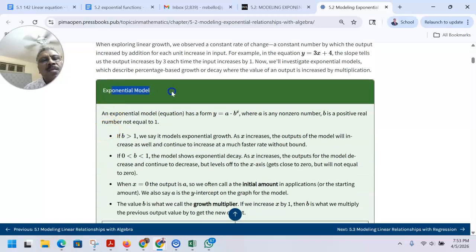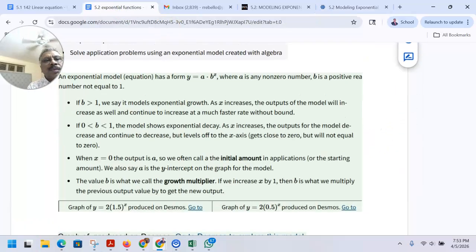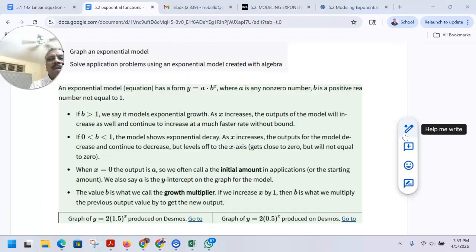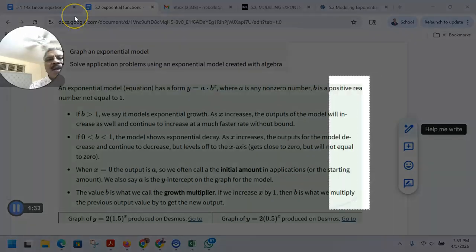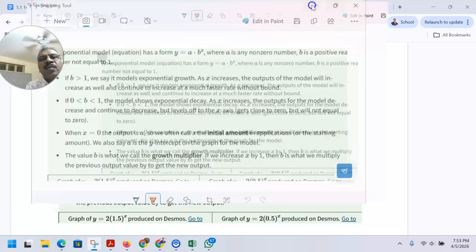What is an exponential model here? Let me go directly to it. Here you have full notes on your D2L. It has everything for you to study by yourself, but I'll just walk through it, understanding what each of those pieces or features are.